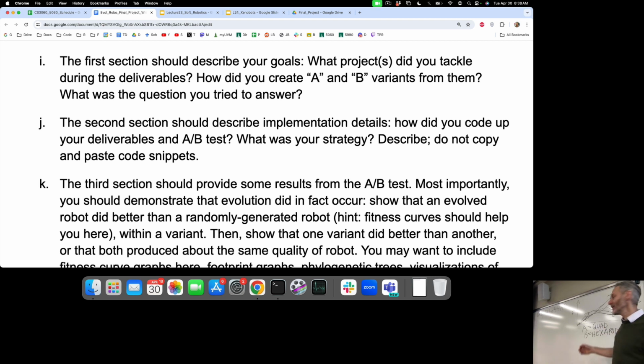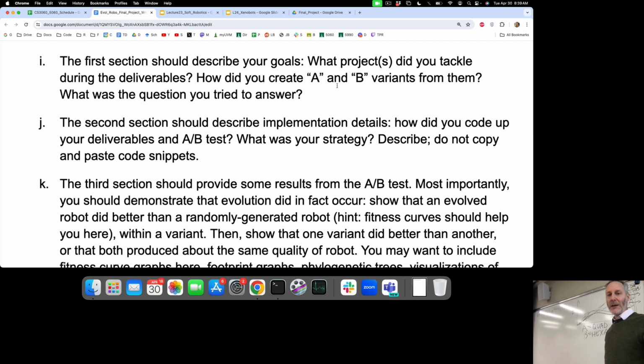It should be pretty clear to us that it's a fair comparison between A and B. When I created my hexapod, I could have created it to be 10 times the size of the quadruped. When I evolve controllers for that quadruped and that hexapod, guess which one's going to do better? The hexapod, because it's 10 times the size, it's more likely to cover more ground. That's an unfair comparison.